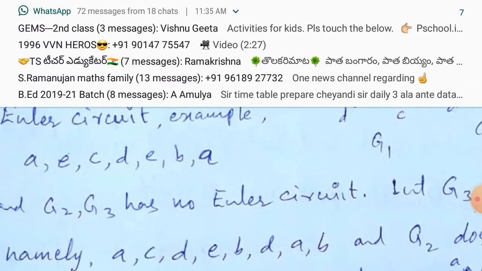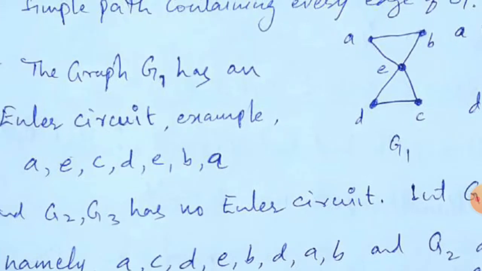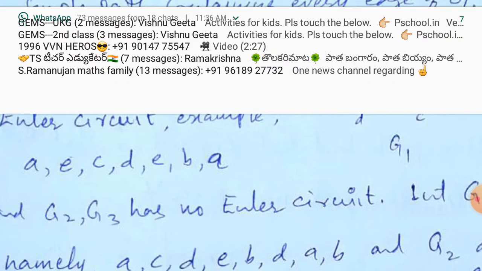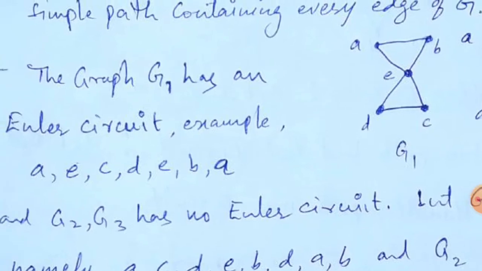Now observe here: first E, E to C, C to D, D again to E, E to B, B to A. Where we started at A, we visited every edge of this graph through vertices, and we came back to A. So this circuit we call an Euler circuit.